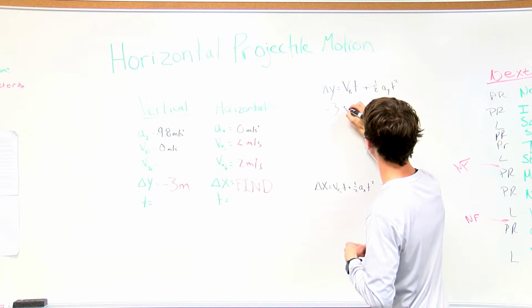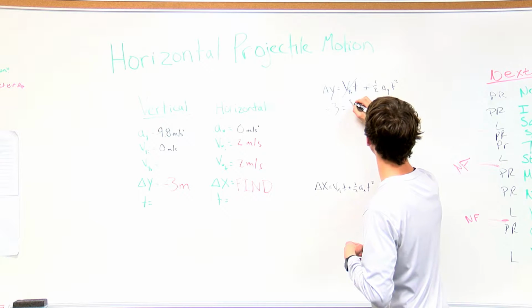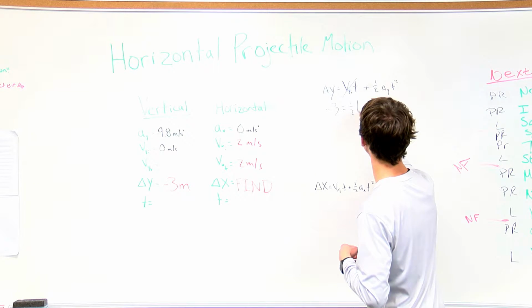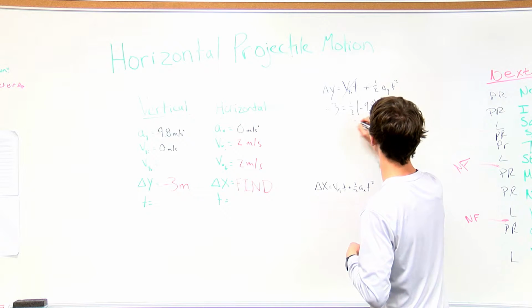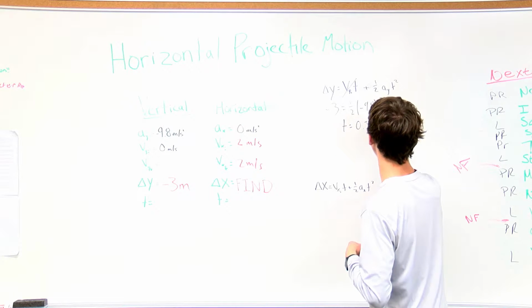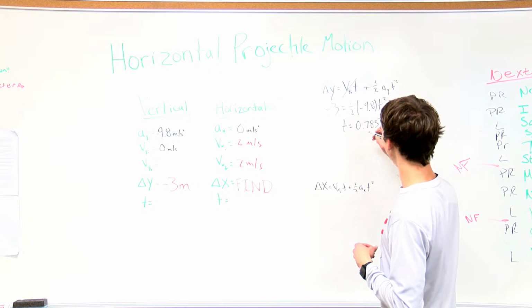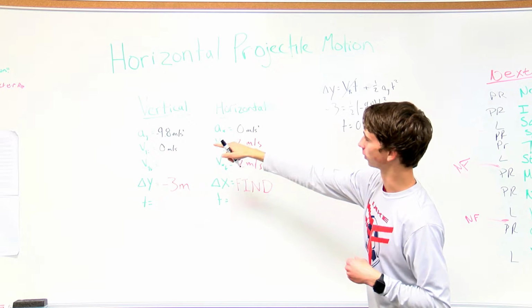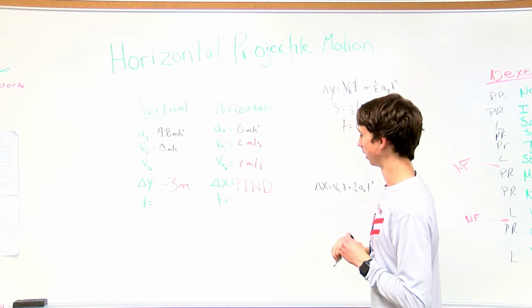Negative 3 meters equals initial velocity in the vertical direction is 0, plus 1/2 acceleration in the vertical direction is negative 9.8 meters per second squared, times t squared. When you plug in these values, you'll find that t equals 0.783 seconds. Now we can plug in this time value in the vertical direction for the horizontal direction as well, as time is the same in vertical and horizontal directions.